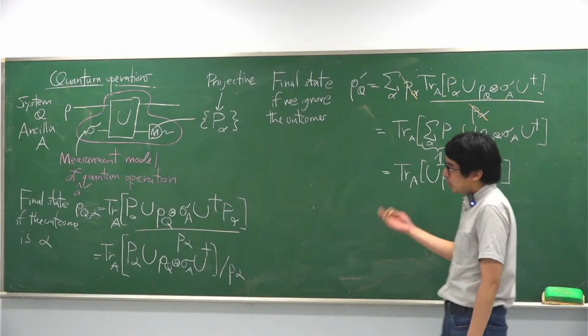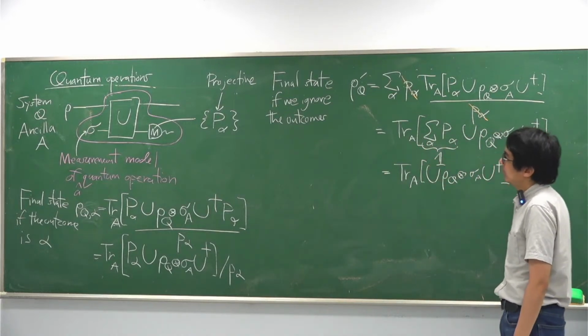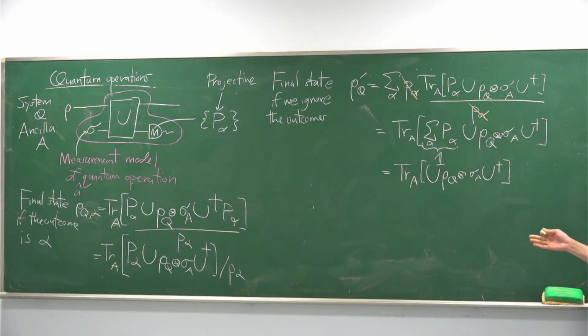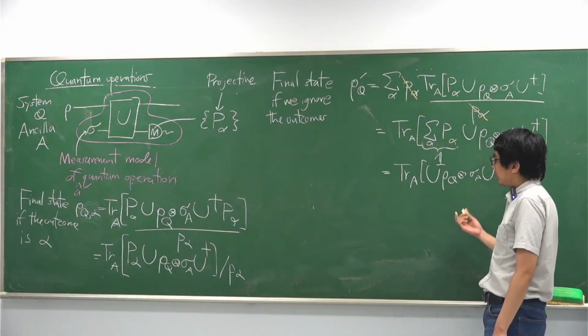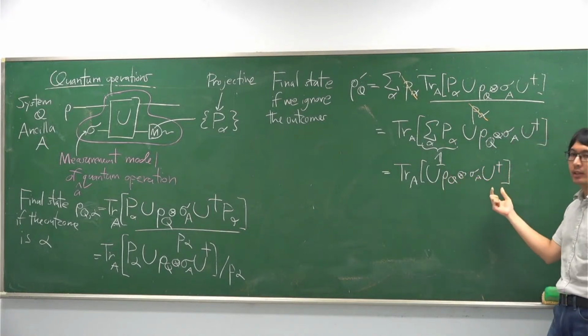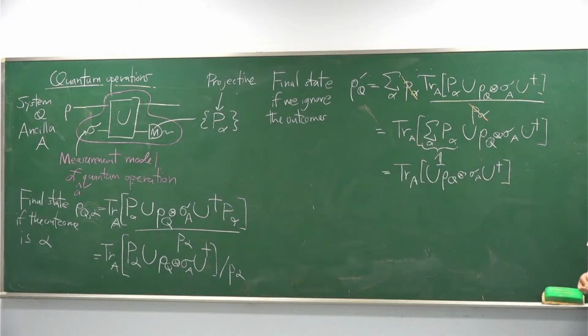So these are the post-measurement states in this measurement model. Now we want to group together all the operators on the ancilla system and write it in such a way that we only define operators that act on the quantum system, the Q system.